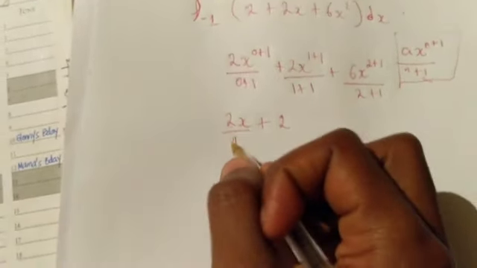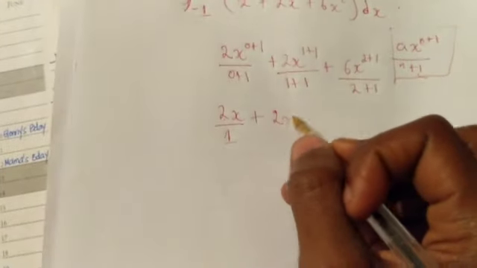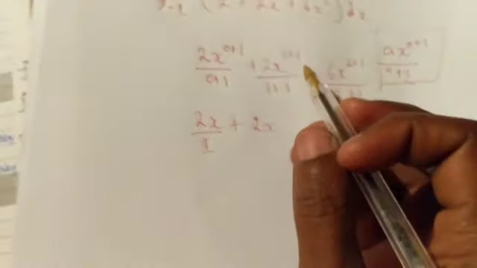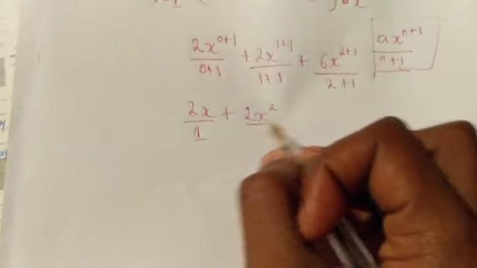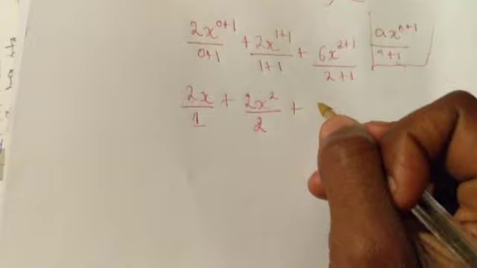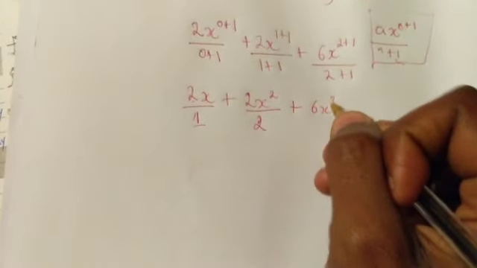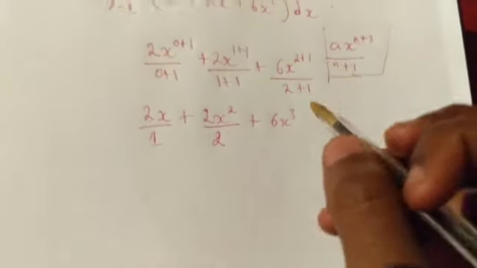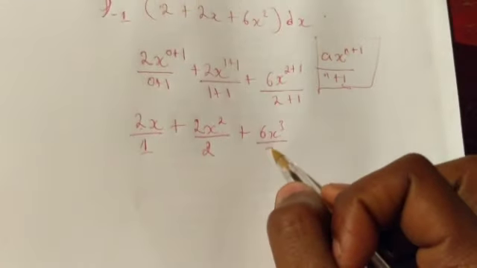Then you come here, plus 2, we put 1 here, then x to the power 1 plus 1, which gives us 2, over 2. Then plus 6x cubed, because when we add 2 plus 1 it gives us 3, over 3.